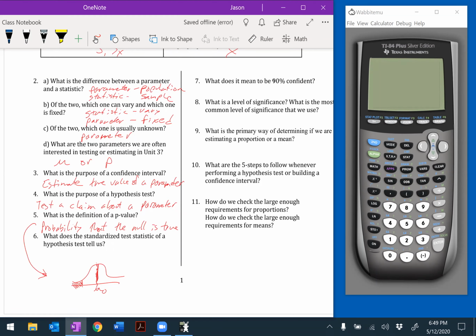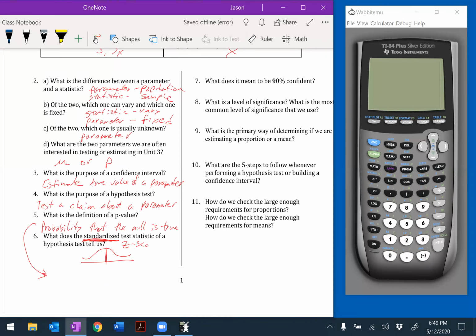What does the standardized test statistic of a hypothesis test tell us? So we're standardizing this, right? Well, anything that's standardized tells me that it's standard normal, which means that it's probably a z-score, right?